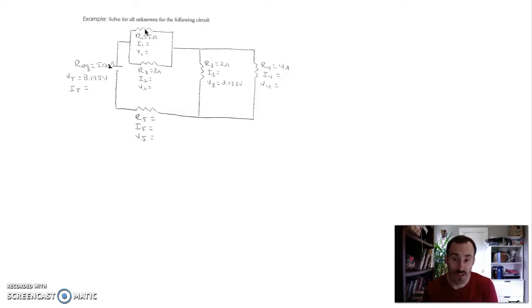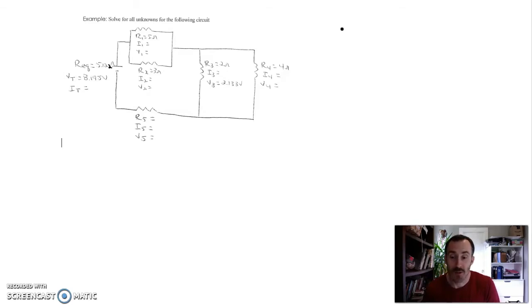Then we're told that this resistor up here is 5 ohms, this one's 3. We're told nothing about this resistor. This one we're told is 2 ohms, and we're given the voltage drop for this one, so we can fill in that current right away using V equals IR. And then this one we are told the resistance as well. So I'm just going to go through this thing and try and fill in as many pieces as I can that make sense to me.